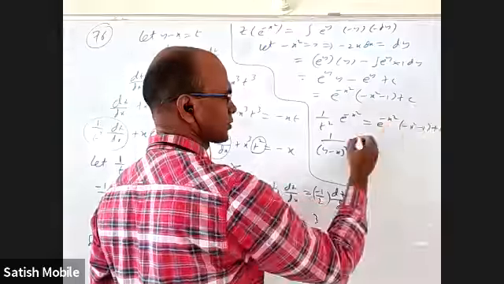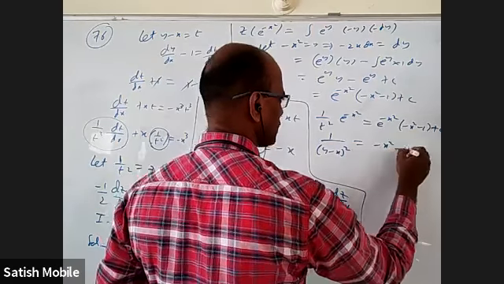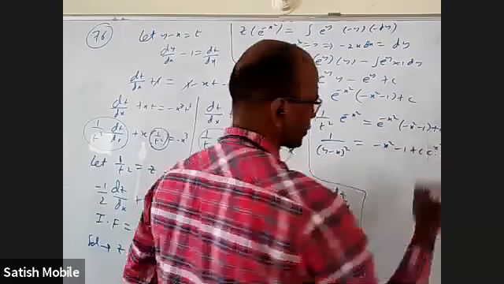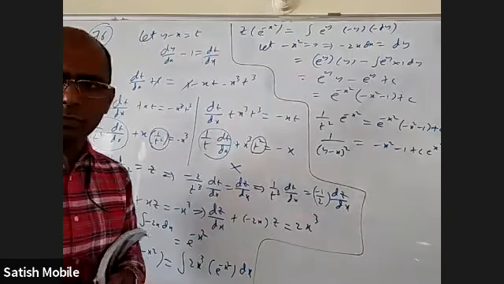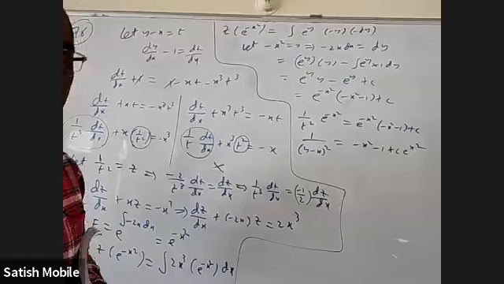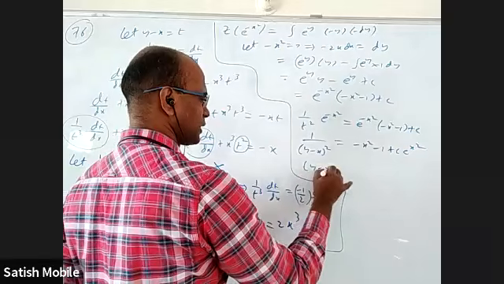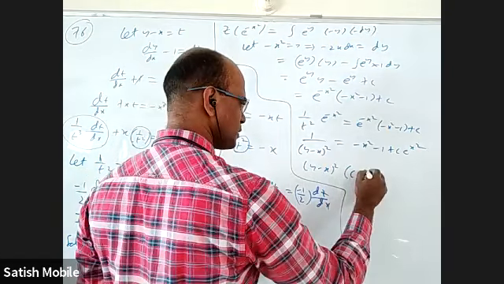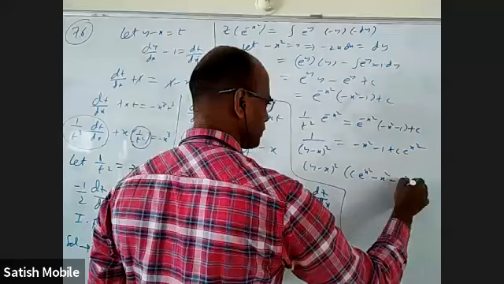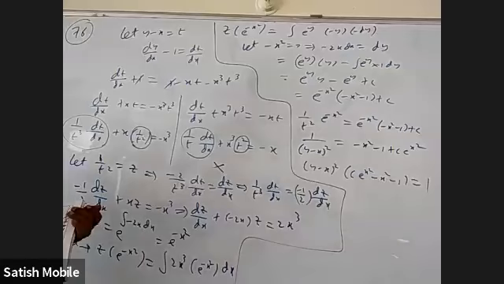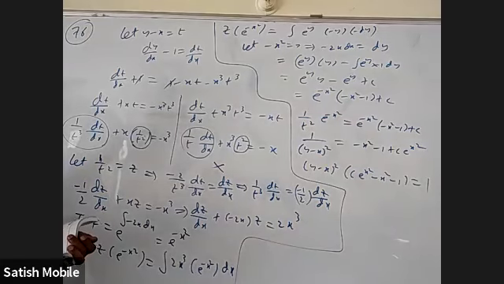This e power minus x square, I can send to that side. I'll get minus x square minus 1 plus c e power x square. Multiply these two, this product is 1. You can write it like that: y minus x whole square times c e power x square minus x square minus 1 equals 1. Option D, I guess.